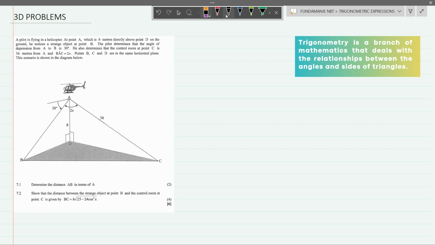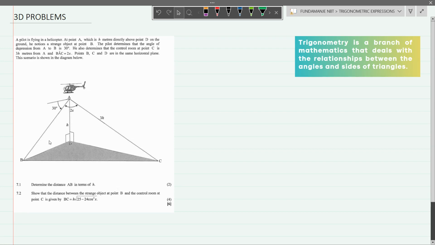But we've also already gone through the laws or the rules that we can use to find unknown sides and unknown angles, even for non-right angle triangles. So here's just an example that I just took out of a past paper.